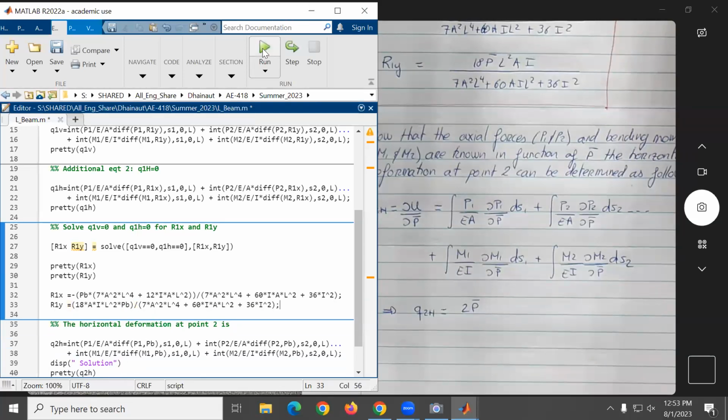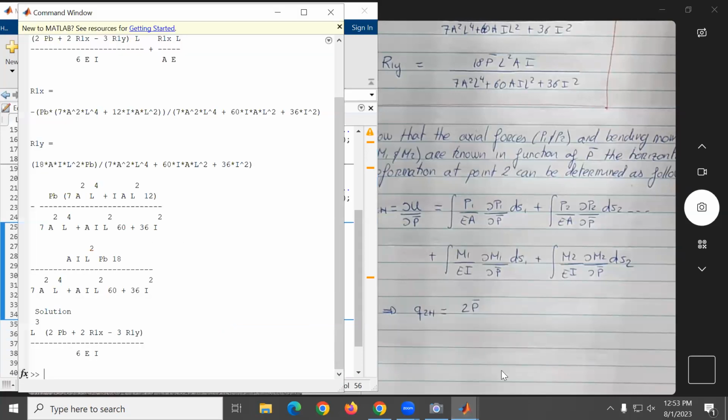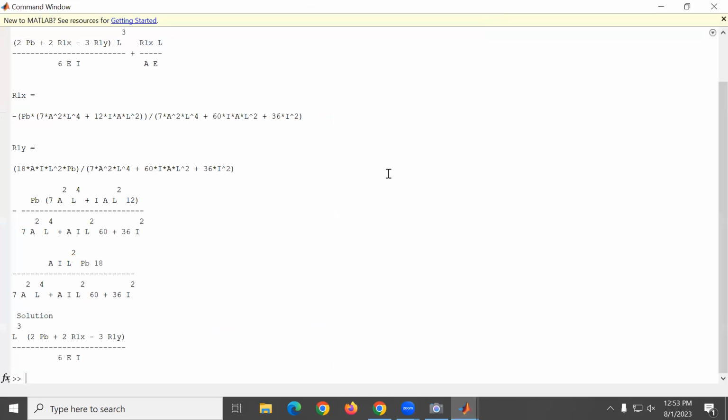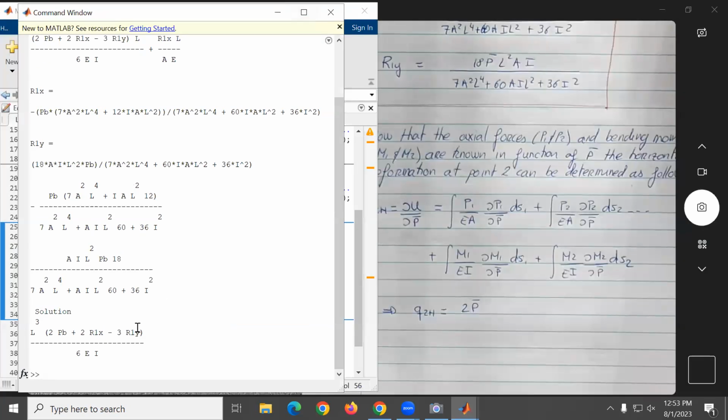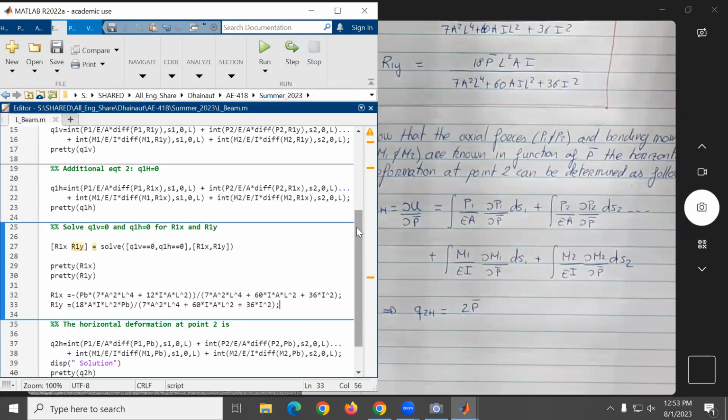Okay, let's see. That's what I got for Q1H, but this one should be in function of P, not R1X. It should replace the R1X by all this. You see what I mean? You have to use subs at the end. But why is it not doing it?